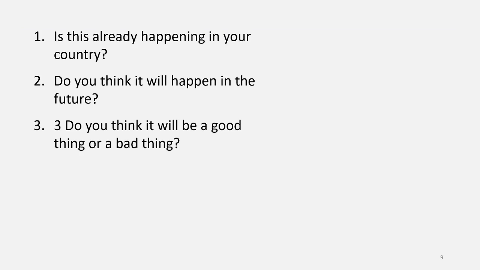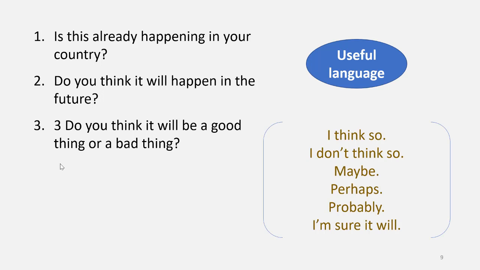Okay. Now we will see the questions we need to answer, right? We have 3 questions. Question number 1: is it already happening in your country? You need to look at the 7 predictions one by one and answer this question. For question number 2: do you think it will happen in the future?